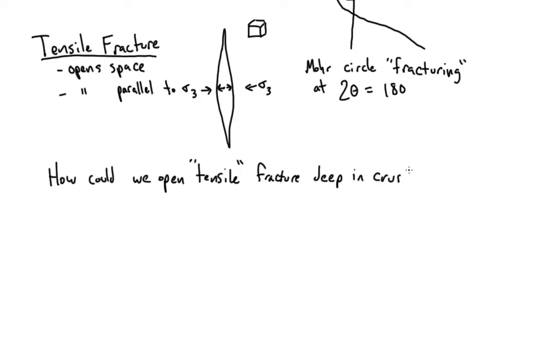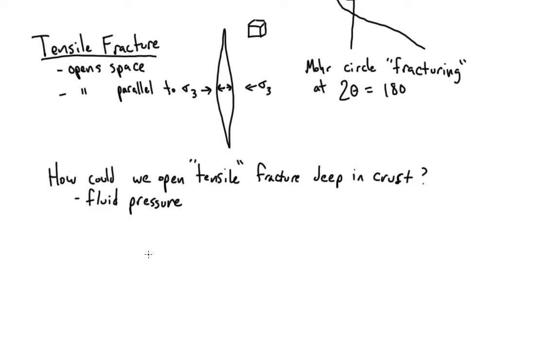So there's so much pressure deep in the crust. And the answer is fluid pressure. Okay, so it's not that rocks are actually experiencing being pulled apart like we could do in an experiment.